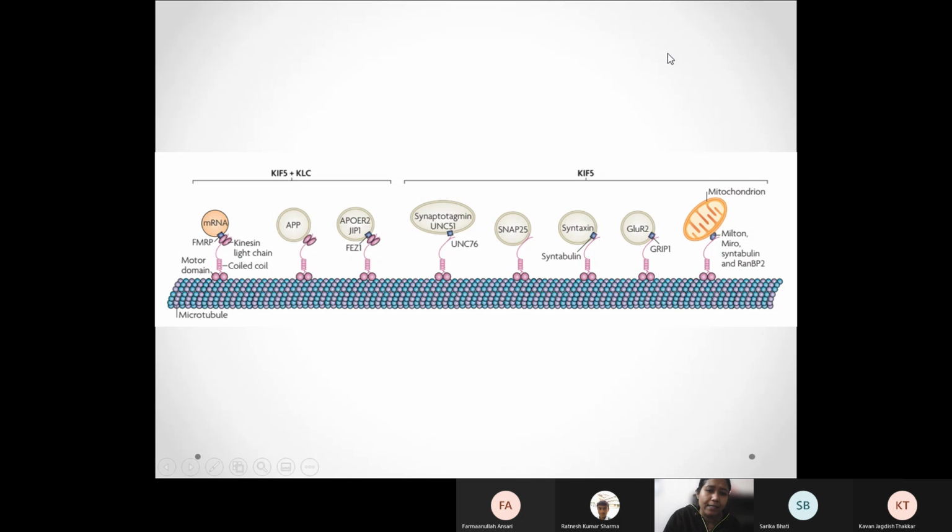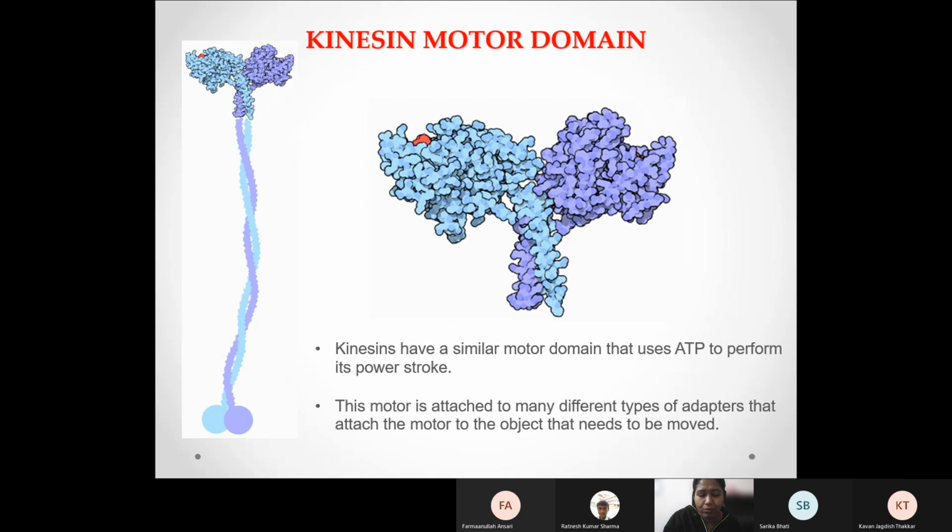Let's come to the structure first, otherwise I'll have difficulty explaining. So this is a simplified cartoonic representation of a dimeric kinesin. Not to mean that a kinesin always acts as a dimer.